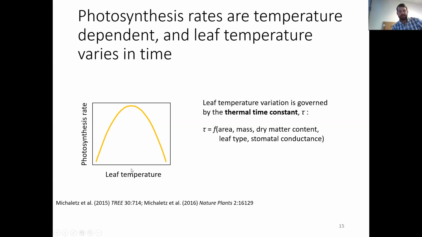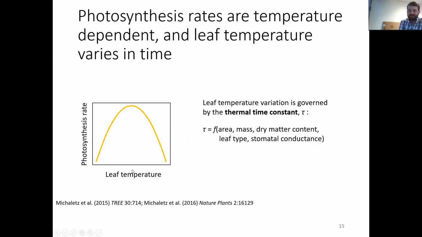So we're varying along this axis. Because of this temperature response curve, it means we're also moving along this curve through time, and our photosynthesis rates are also changing. If we're moving down here, we have very low rates of photosynthesis, but if we're moving up here, we have high rates of photosynthesis.